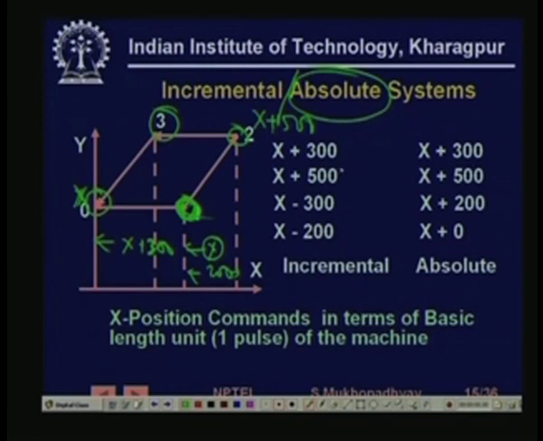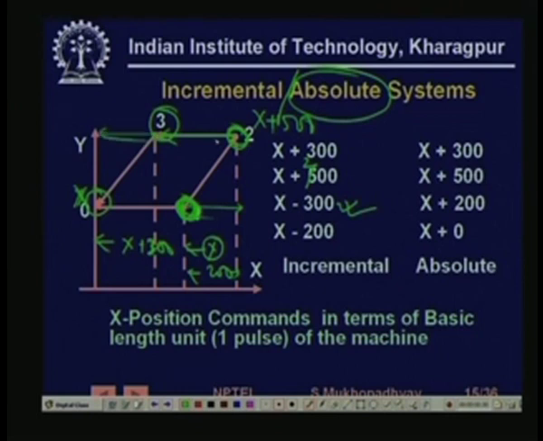So the next instruction to the machine will be x plus 300, actually this should have been 200. So, x plus 300, x plus 200, then you have come to this point. If you want to go to 3, you have to do x minus 300, and then from 3 to 1 you have to do x minus 200. So, you have to go this way.